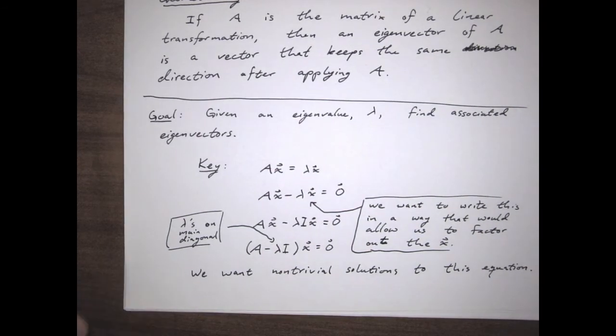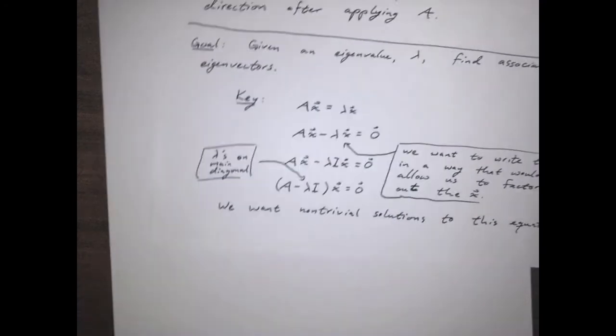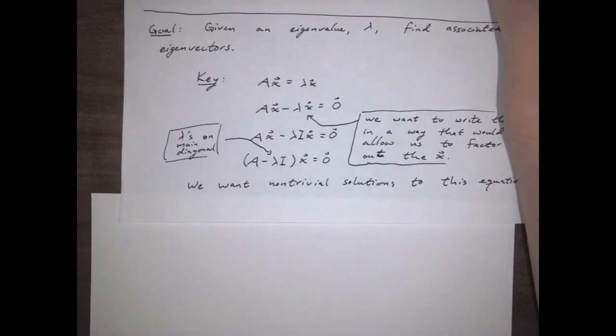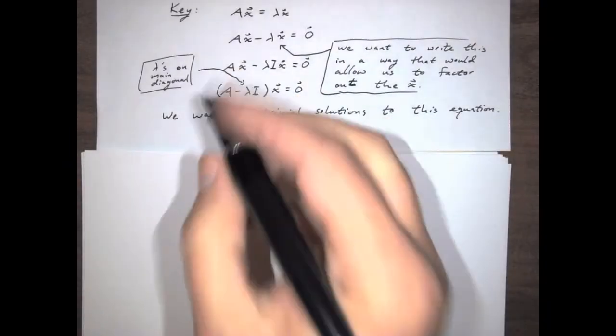But wait, we have a term for that. That is the null space. So in other words, what we want is to find vectors in the null space of this matrix.